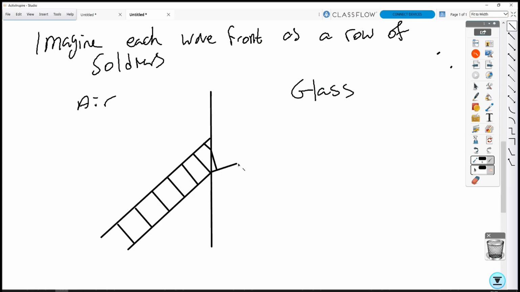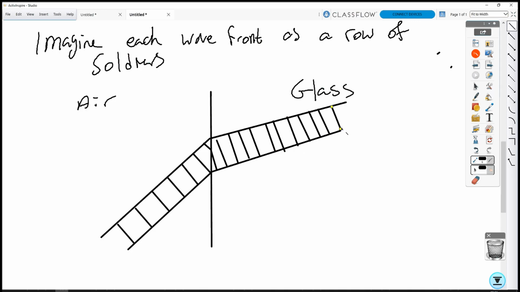So if we carry that line over, we get a line that looks like this. And then by that time, all of those soldiers have already transferred from one medium to the next. And the lines should now be closer together. Like so.